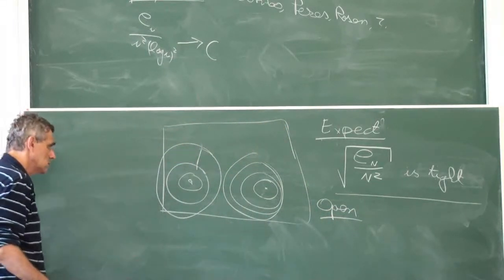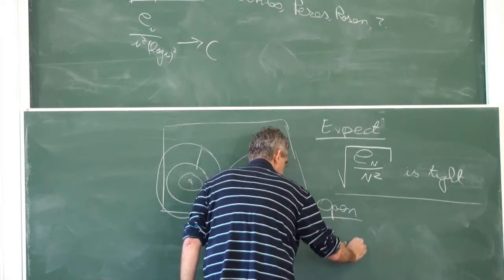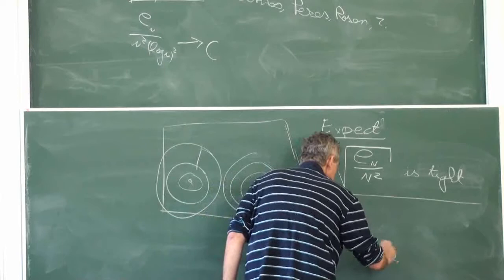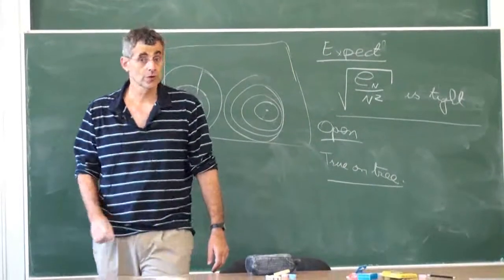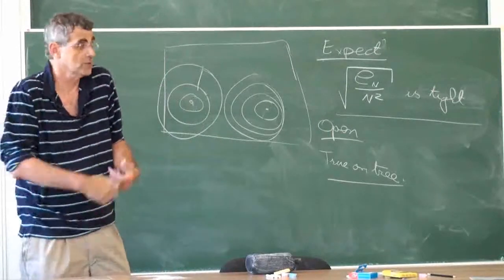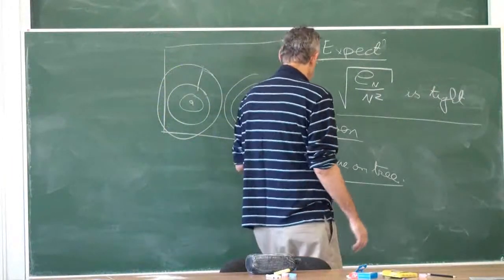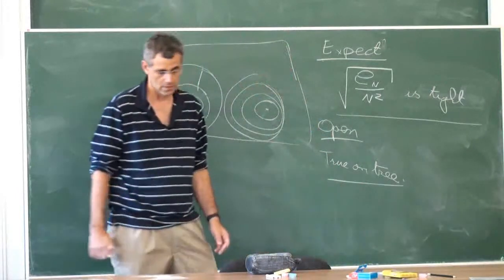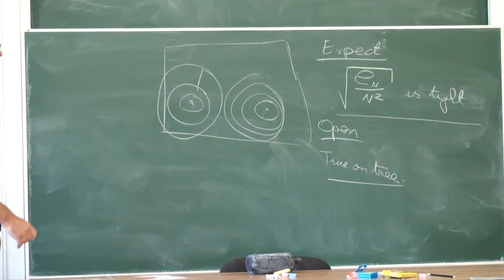And this is true on the tree. So on the tree, you can ask the same question. What is the cover time of the tree in terms of the depth of the tree?